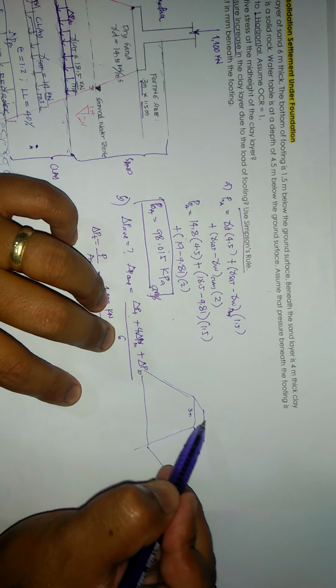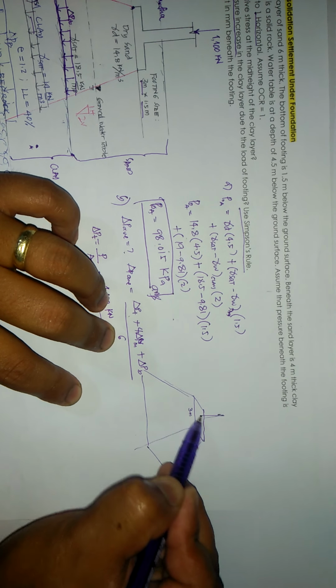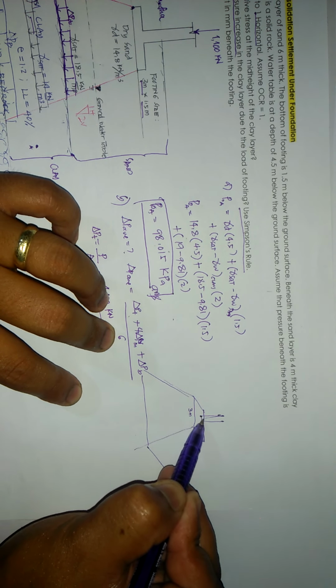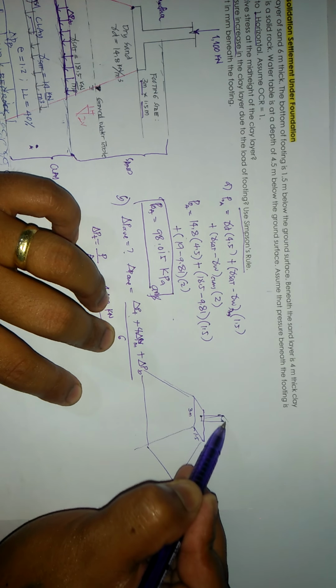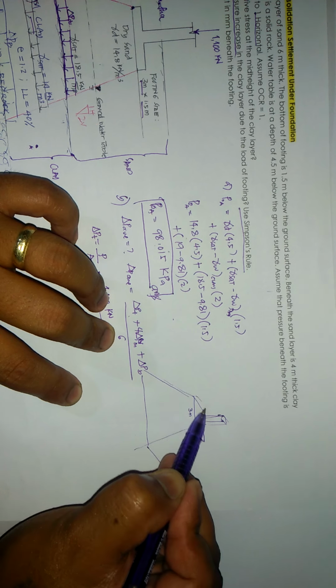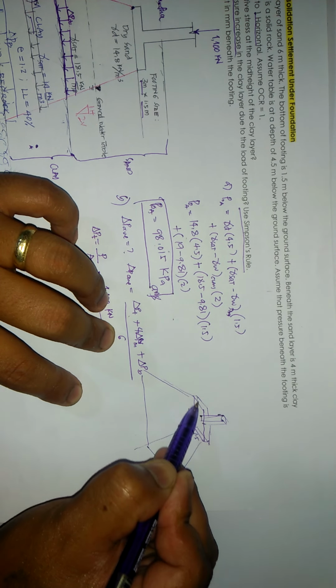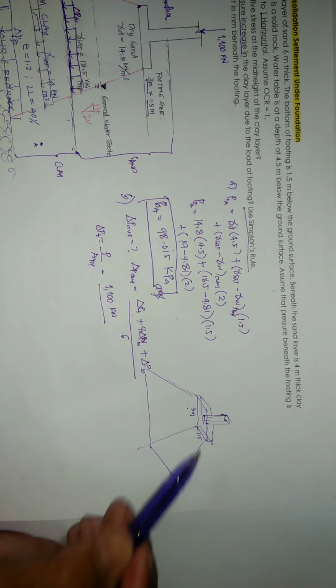pressure natin. So, again, ito naman na yung poste mo. Tama? Okay, that would be your post. Kalang poste yung footing mo. So, yan. Ito yung 3 meters by 1.5.